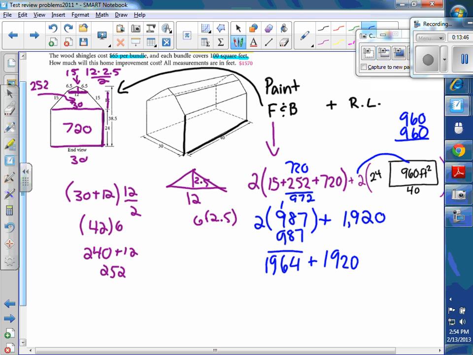It's like an NHD project, so you have to carry the ones. 7 and 7 is 14, carry the 1. Where did I mess up? Right there, thank you. 17, carry the 1. So 1974 plus 1920 is 3,000-something. Yeah, I'm having some addition issues.